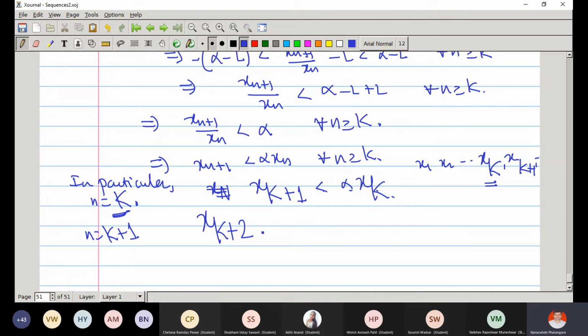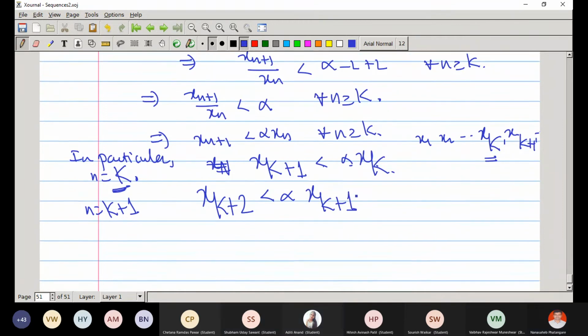Now I am looking at xk plus 2. Is it less than alpha times xk plus 1? Is it true? Yes, sir. But already by previous step, xk plus 1 is less than alpha times xk. So alpha as it is, and this xk plus 1 is less than alpha times xk. Am I right? Yes.